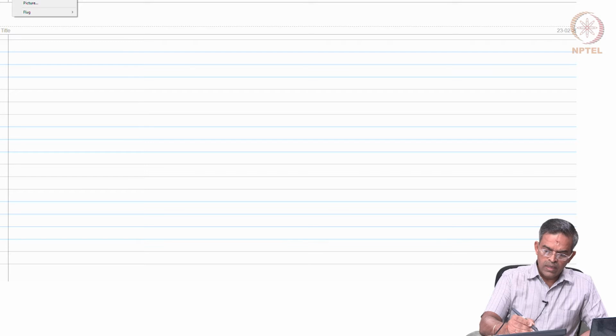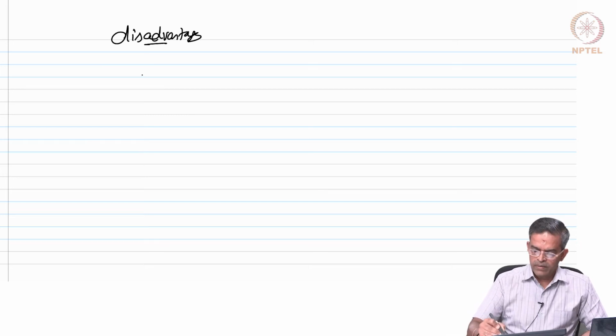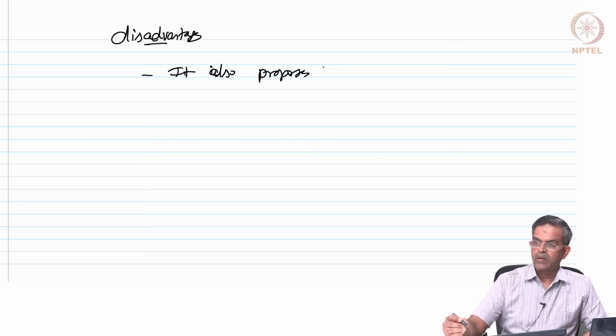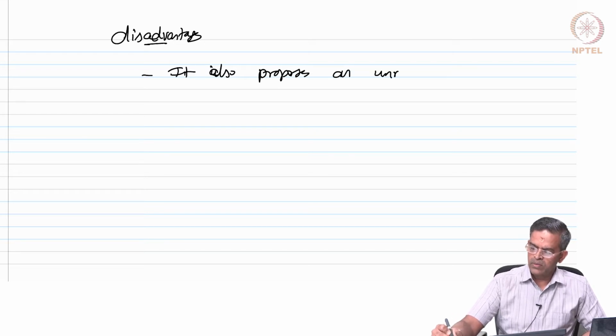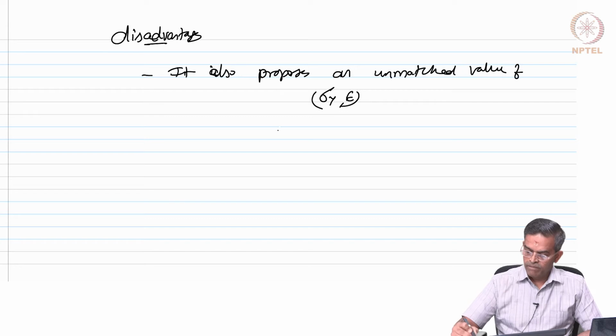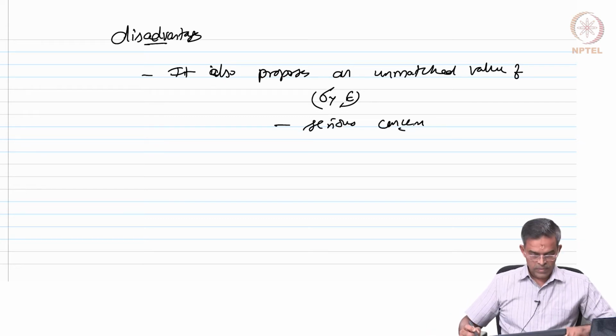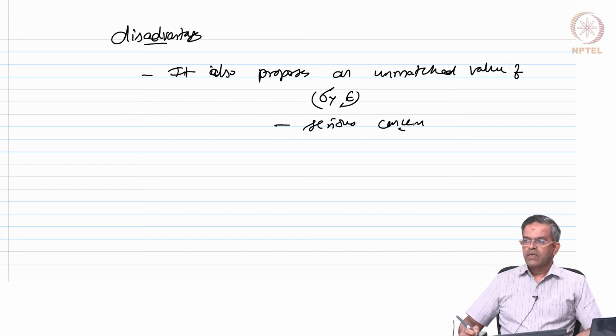This method has some disadvantages. This method also proposes an unmatched value of sigma y and E, which is a serious concern, because the degradation in Young's modulus and the yield strength are not the same at a specific temperature.